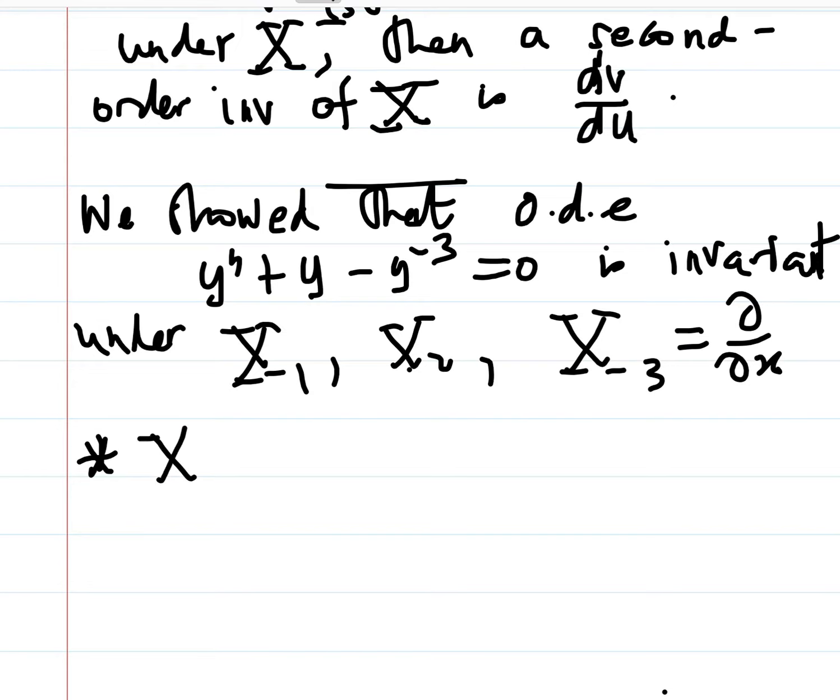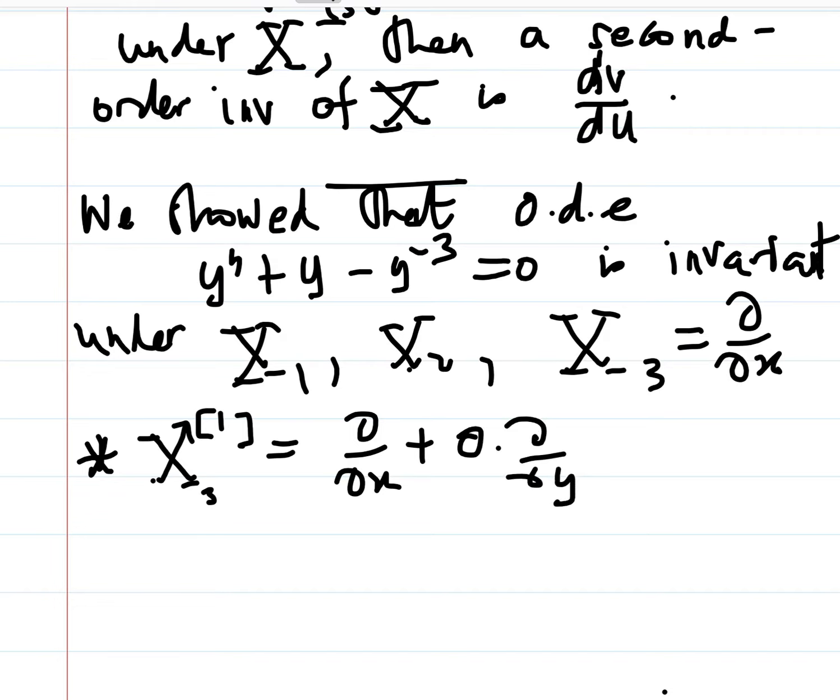If we take X3 and prolong it once, we get d by dx plus 0 d by dy. That's obvious. And of course, if you use the formula for eta 1, then we get that eta 1 is also 0. Right. So the functions that are invariant under X3 will be given by solving the following.